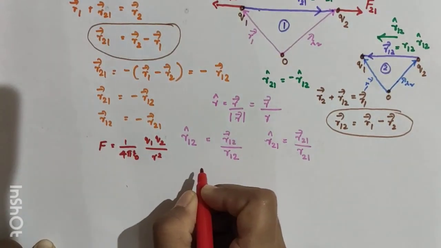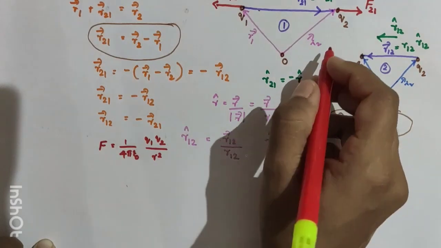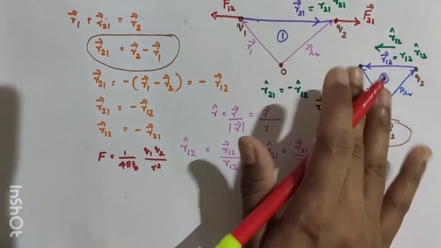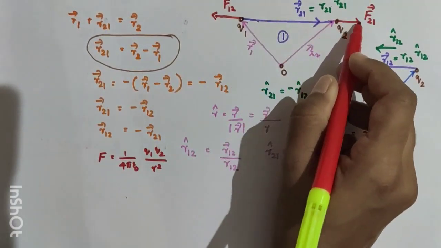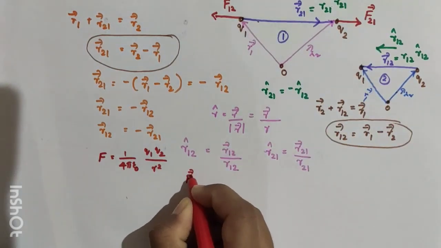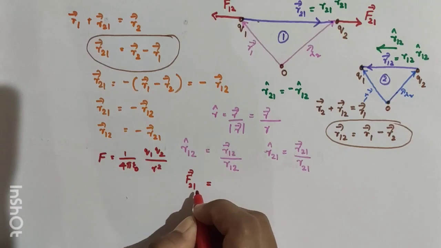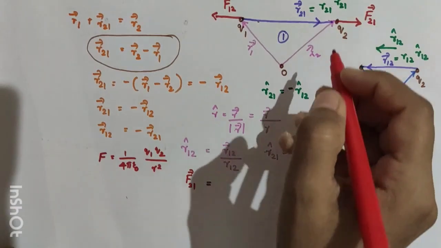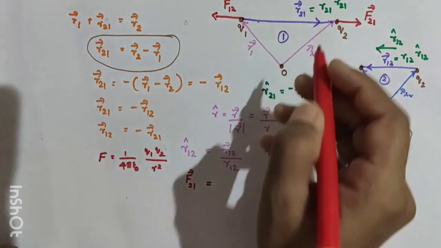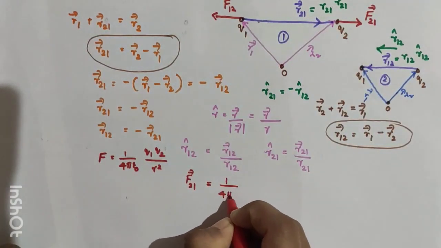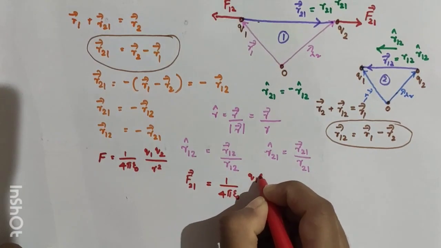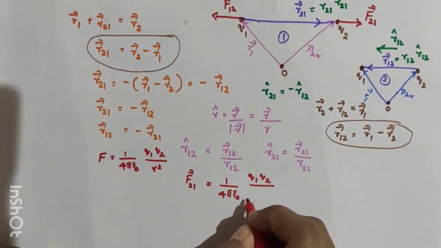Now, when we talk about the force on q2 due to q1, which is vector F21, this force will have a magnitude and a direction. What will be the magnitude of the force acting on q2 due to q1? It will be 1 by 4 pi epsilon 0 q1 q2 divided by the square of the distance.